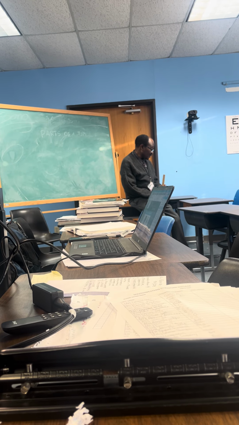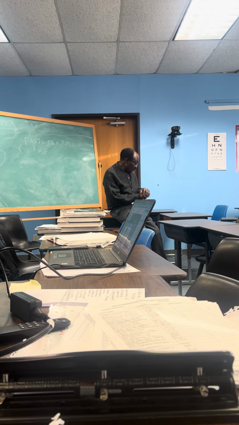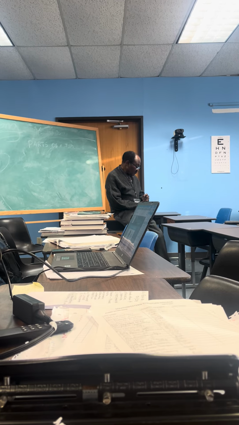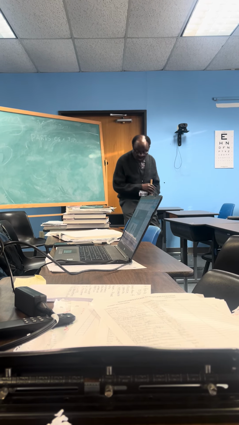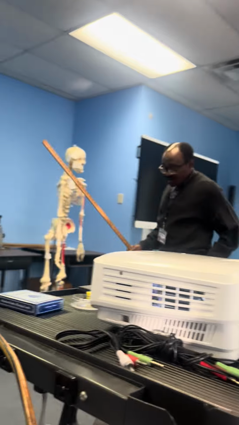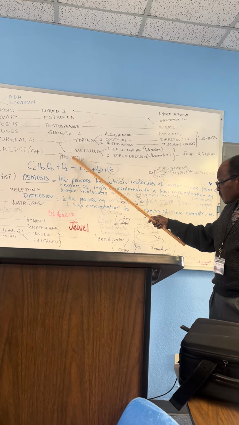Examples of the inert gases are neon, argon, and, well, those are two of the most common ones. Okay, so what I want you to see here is the two important gases, which are carbon dioxide and oxygen.